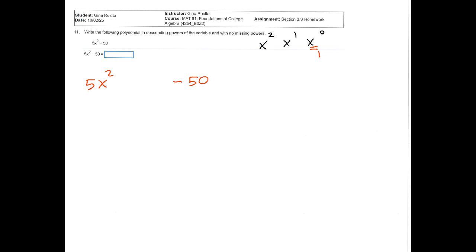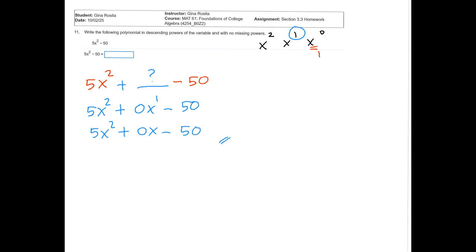Yeah, I need something because the exponent is 1. So it means I have to write down, become 5x squared plus 0 times x to the 1 minus 50, right? So I can write down become 5x squared plus 0 times x minus 50. Okay.